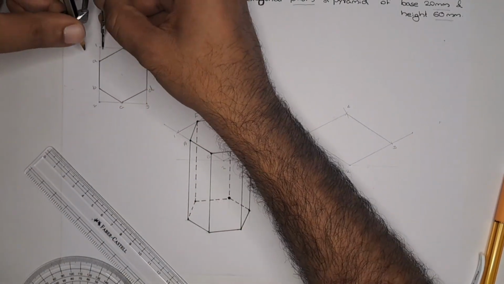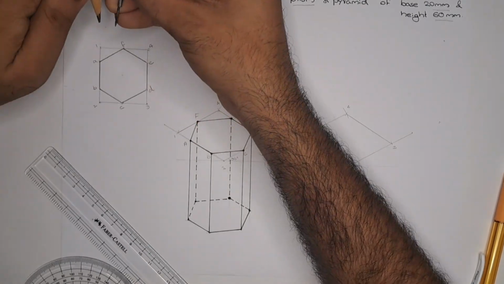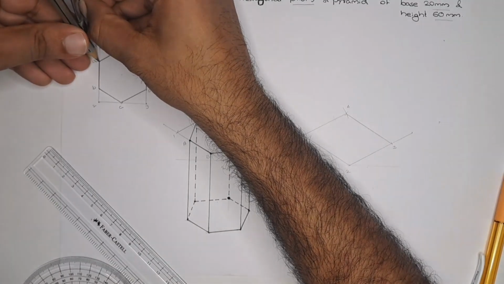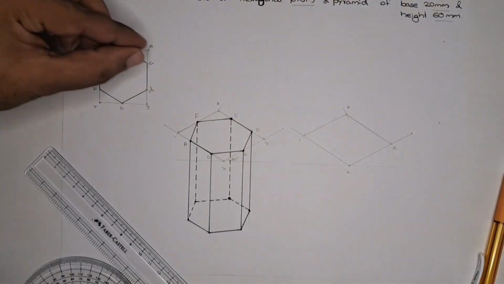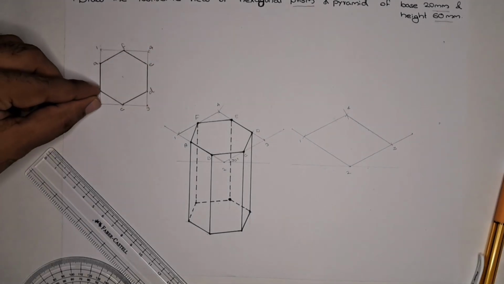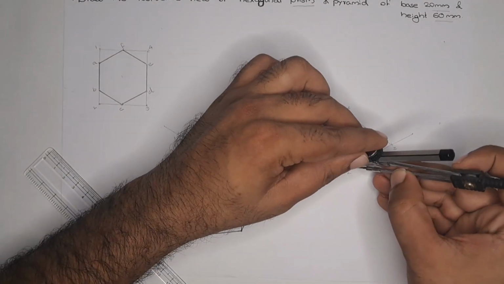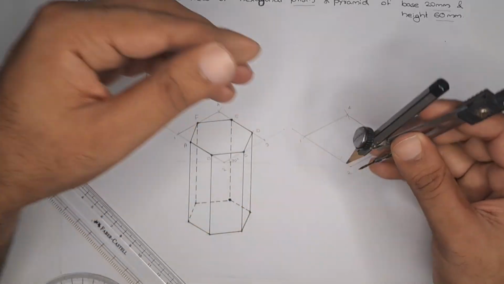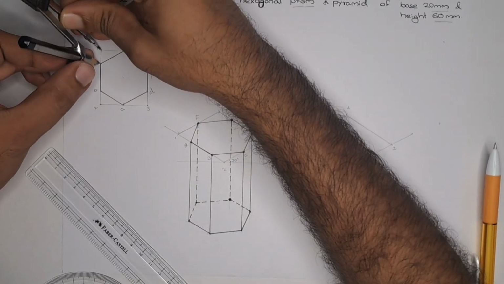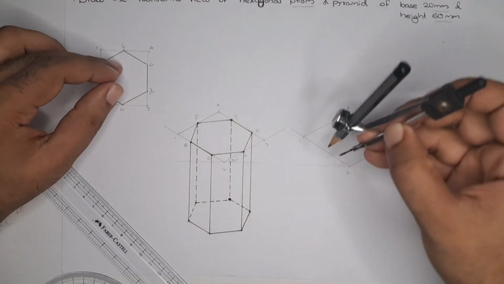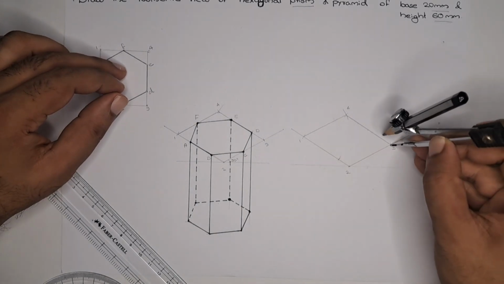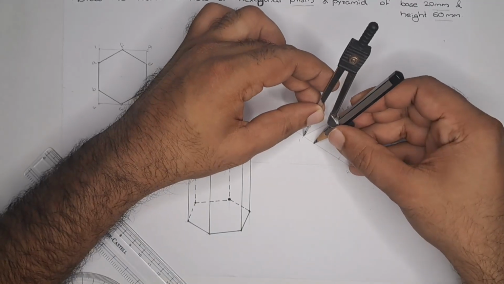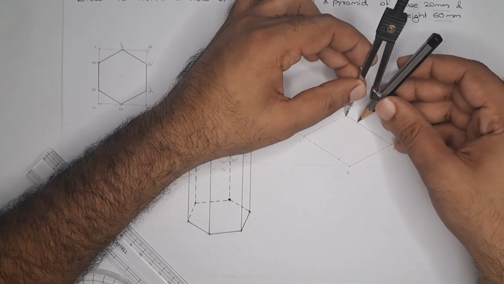Now mark the distance. Here I am taking 1A. The 1A distance is similar to 2B, 3D and 4E. So I'm marking it here: 2B, 3D, 1A, 4E.